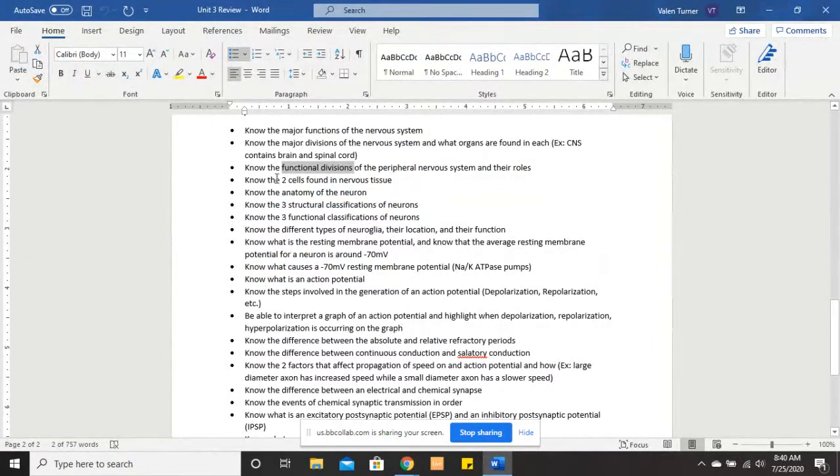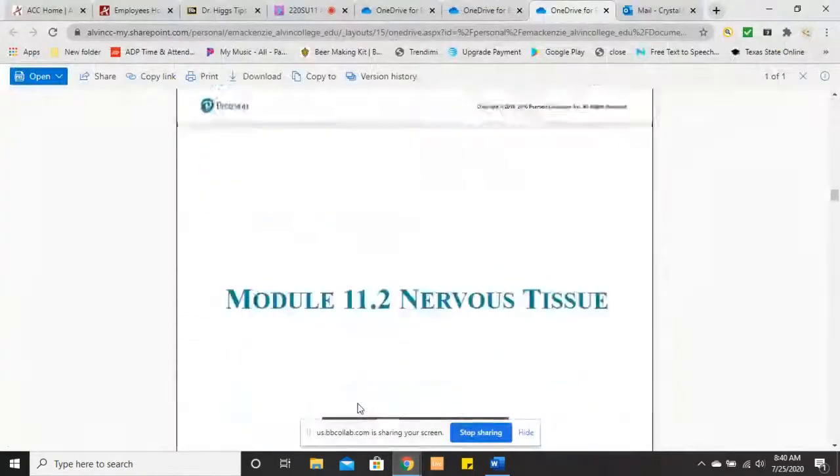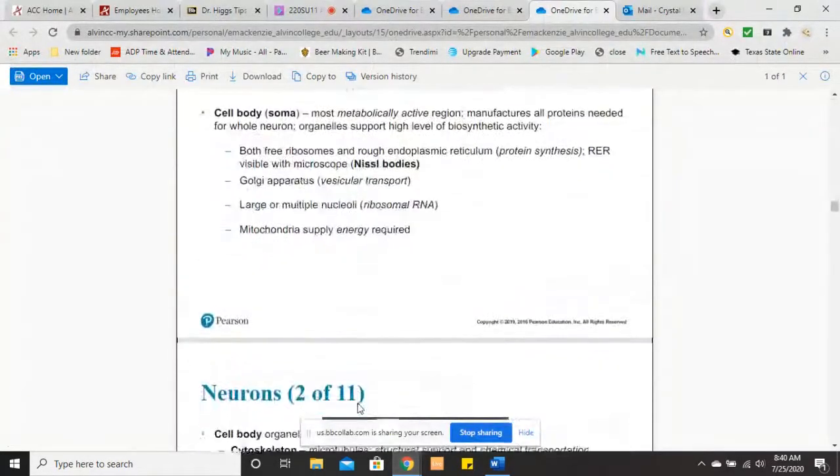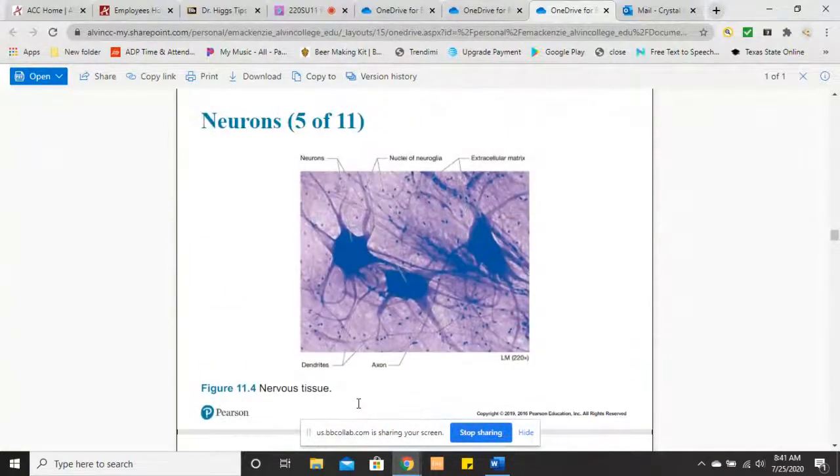And then we go and look at the tissue again. We already know the two cells found in the tissue: the big neurons and the little neuroglial cells. Remember, we did this in the lab already. You're just revisiting nervous tissue. When we looked at a neuron, we could break it up into different parts. Remember the big central globular part? That's the cell body. Then you have extensions coming off the neuron.